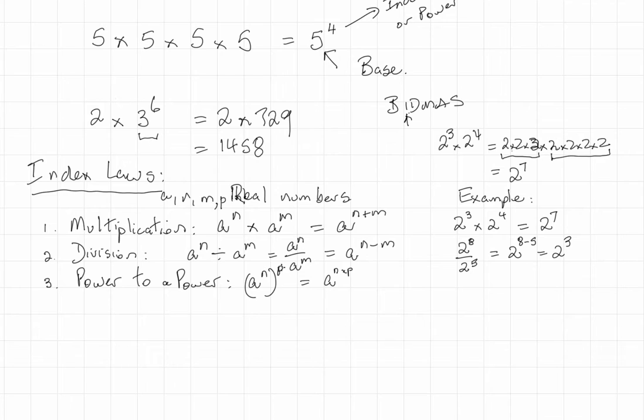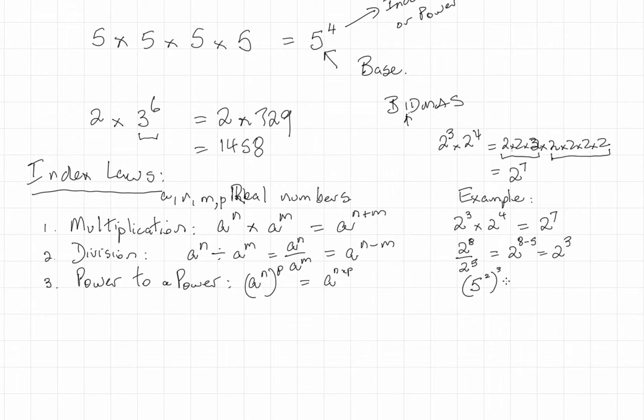So if you raise a power to another power, you times the indexes. So we've used some 2s here, let's use another number. So 5 to the power of 2, all raised to the power of 3. Using this rule, it's 5 to the 2 times 3, which is 5 to the power of 6.